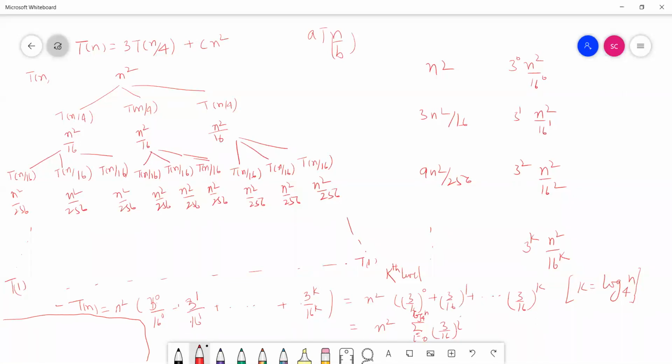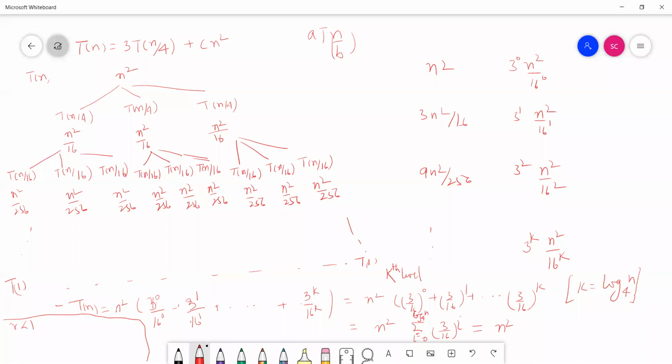Always remember, in geometric progression, r is less than 1. So here 3 by 16 is obviously less than 1. R is the ratio. So whenever the ratio is less than 1, we modify this.